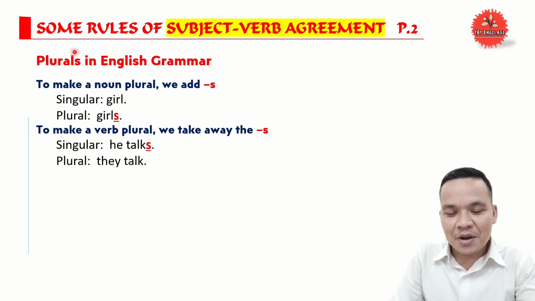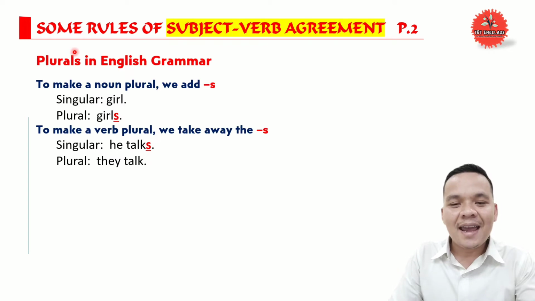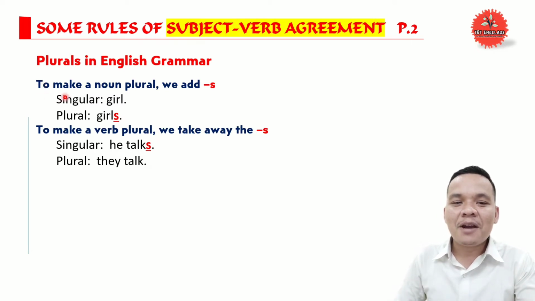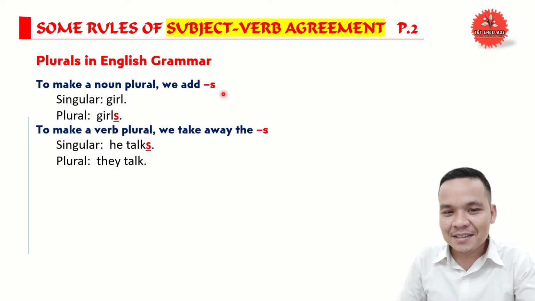We add s or es, or change y to i and then add es, in the plural form of a noun. Besides adding s, or changing y to i and then adding es, we do this in the singular verb. When you want to make a noun plural, we add s, like girl, plural, girls.